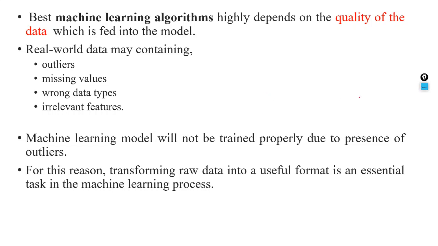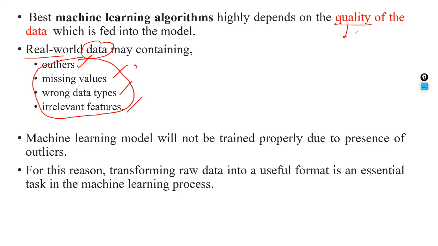So how are we able to decide the quality of the data? Real world data may contain outliers, some missing values, some wrong data types, and irrelevant features. These things exist in the raw data while you collect it.